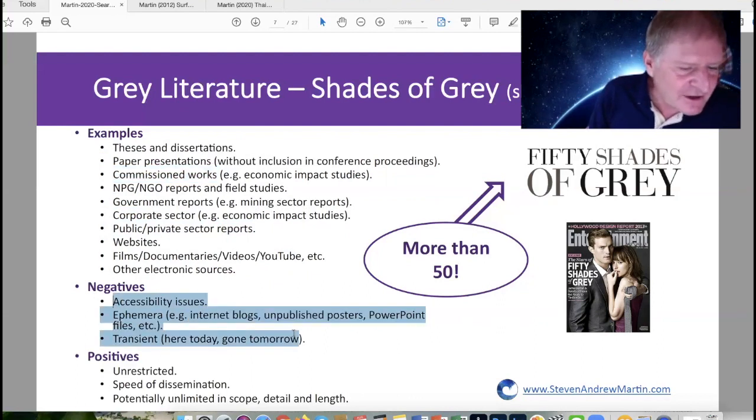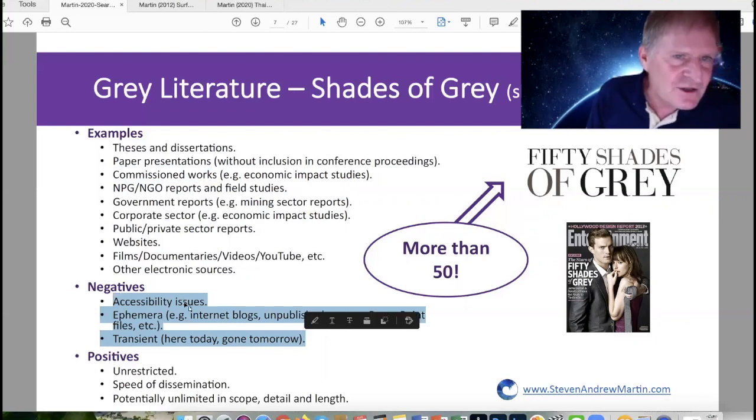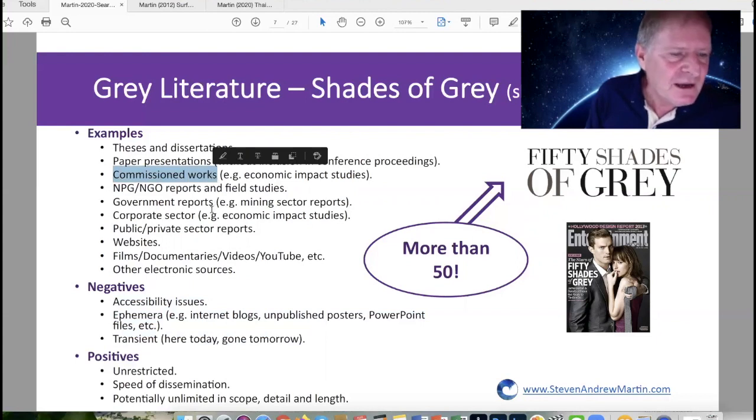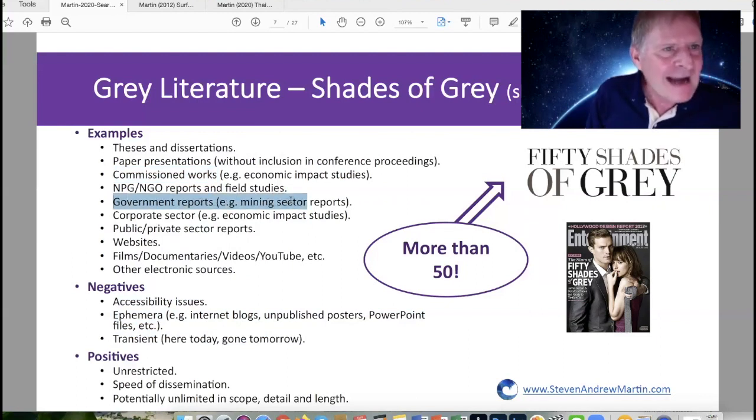Negatives of gray literature are, of course, accessibility issues, whether it's available or not. So let's say a commissioned study, or a government report on the mining sector, like where the resources are for mining. It may not be public, right? So it might be difficult to get that, or a corporate economic impact study. I like to use surf tourism.